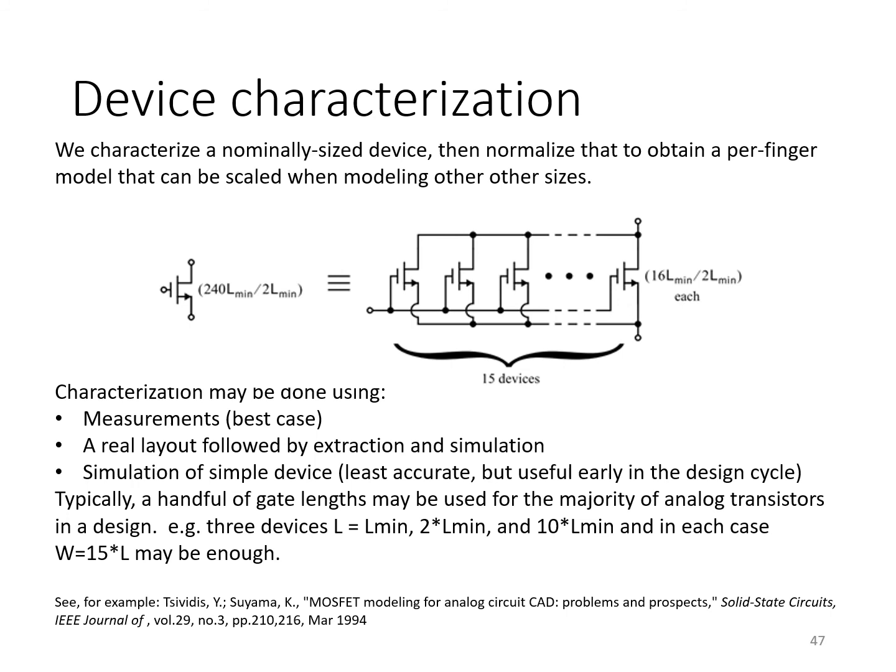So to be clear, let's say in a design you're anticipating using transistors with gate lengths that are 2 times the minimum gate length, and perhaps you're going to use some transistors that are 1 times the minimum gate length. I would recommend you separately characterize the minimum gate length transistors from those with larger than minimum gate length.